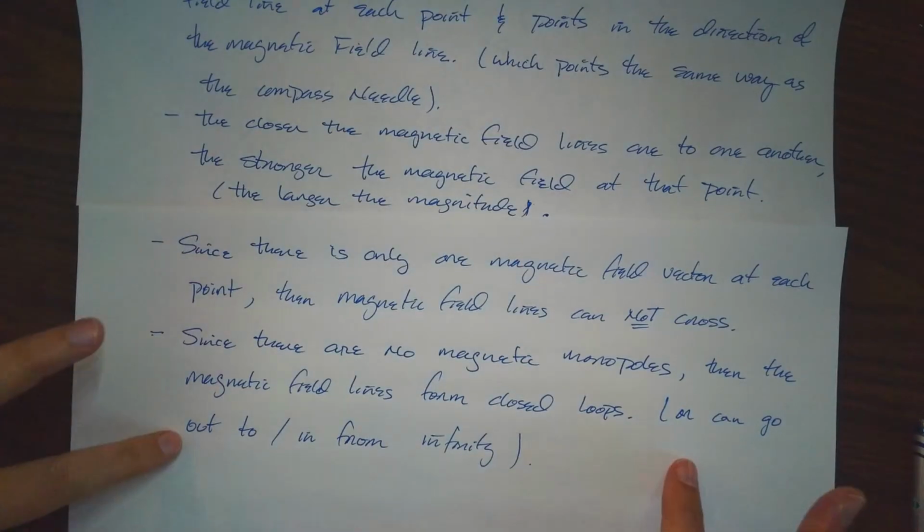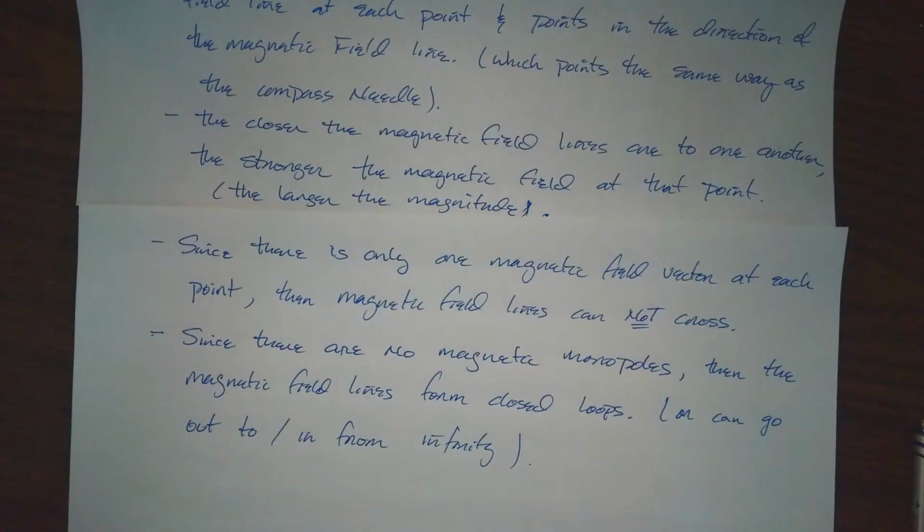Okay, so that was similar to the electric field, but since there were charges, which are monopoles for that field, the electric field lines could begin on the positive charge and end on the negative charge. But in this case, since the electron itself is a dipole, has a north and a south, this implies that the magnetic field lines form closed loops.